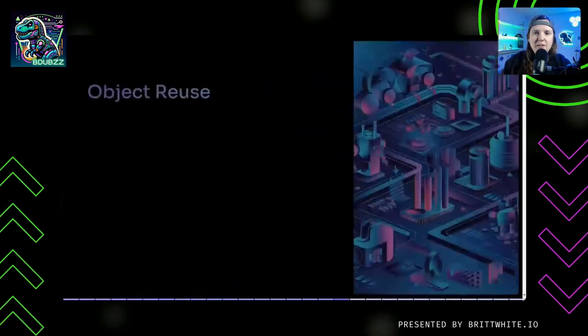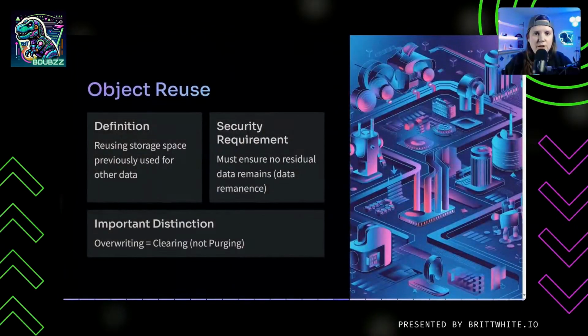Moving on, I want to spend a little time explaining object reuse, because it can be a bit confusing. When we talk about object reuse, we're talking about what happens when we take storage space, like RAM or hard drive space, that was previously used for one thing and we want to use it for something else. So object reuse is just a fancy way to say you are overwriting data.